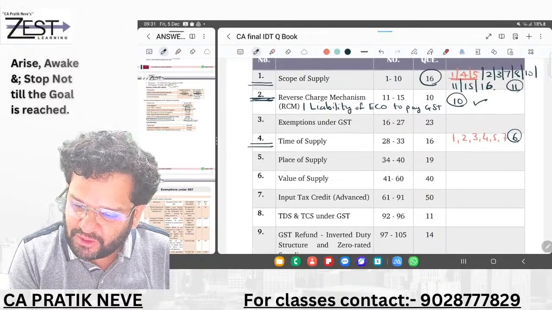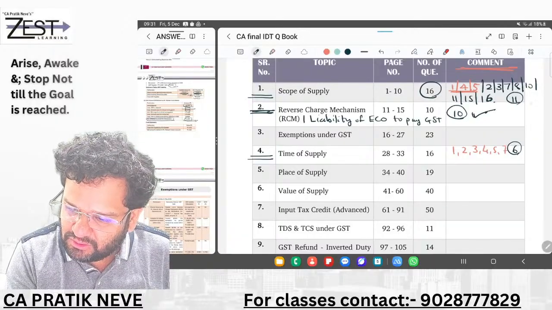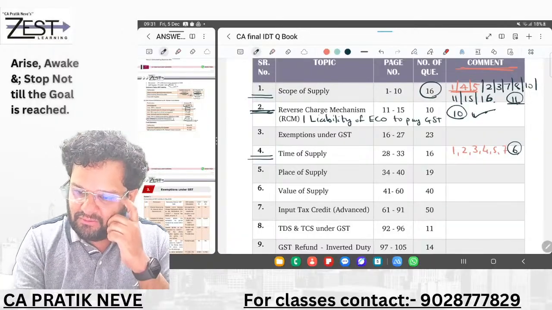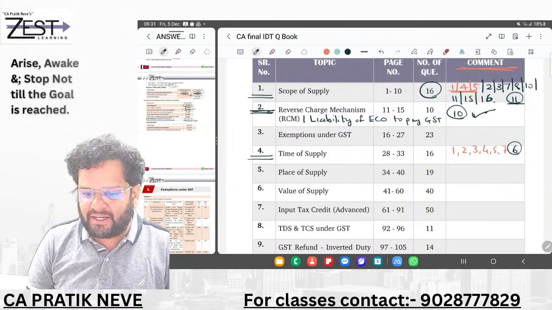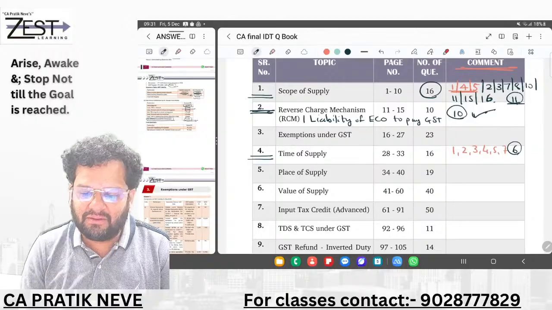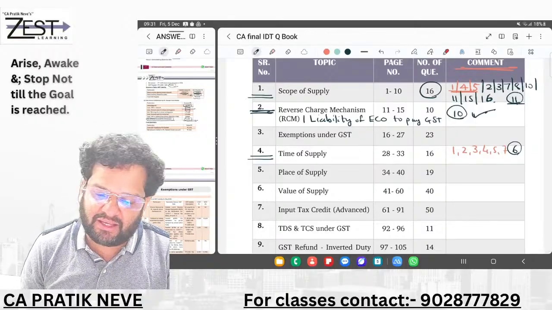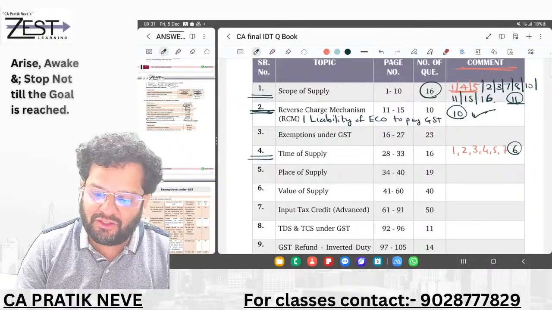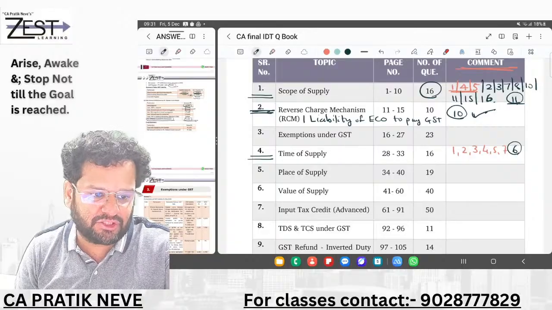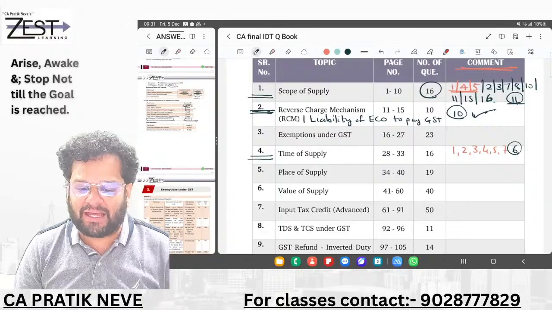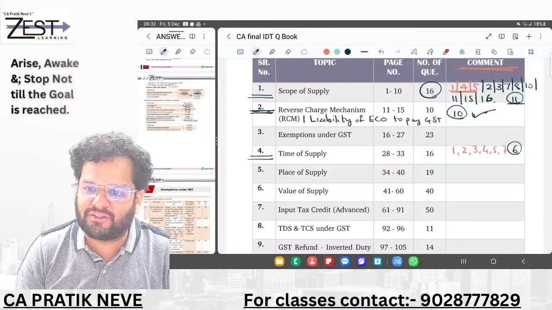There are 23 questions in exemptions. Okay. So right now in this batch, we have done 27 questions, 11 of scope of supply, 10 of RCM and liability of ECO to pay GST, and 6 of time of supply. Tomorrow we will go ahead and do many questions from exemptions. Apart from that, we will also do some more questions from time of supply.